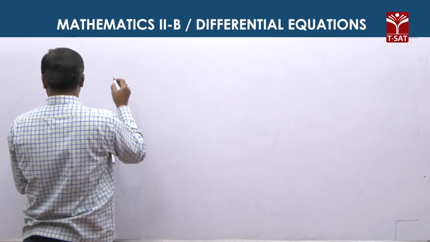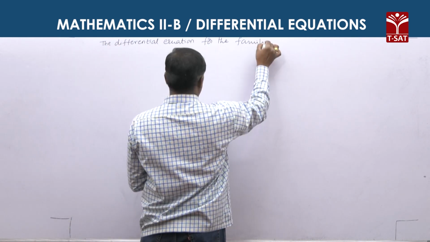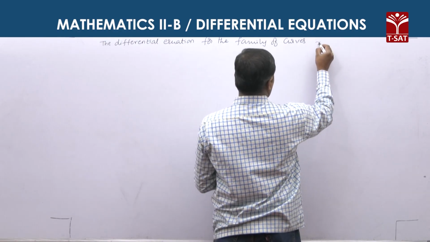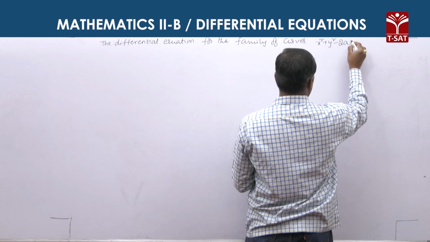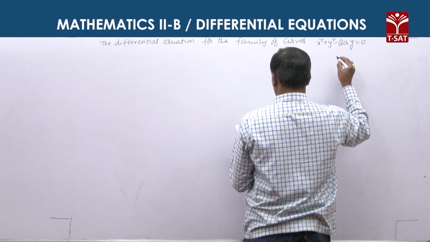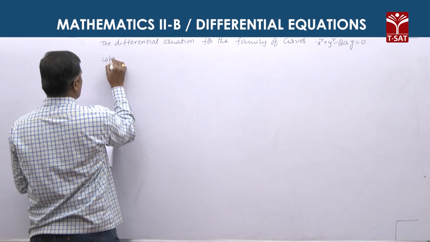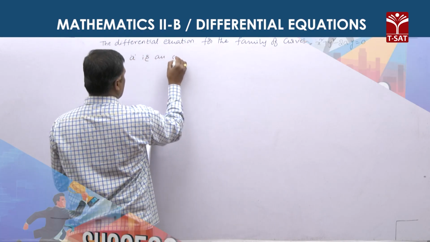Next problem: the differential equation for the family of curves x square plus y square minus 2ay is equal to 0, where a is an arbitrary constant, is.